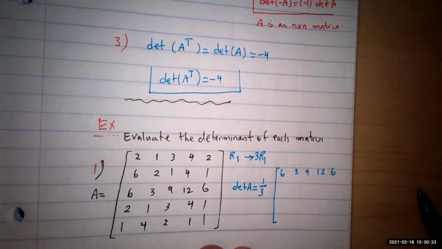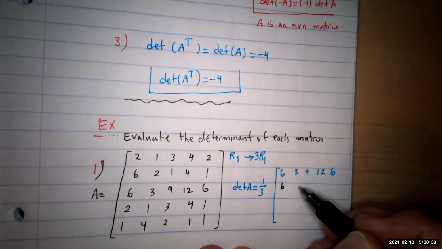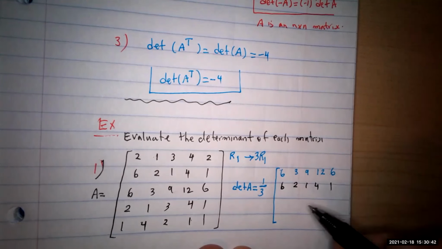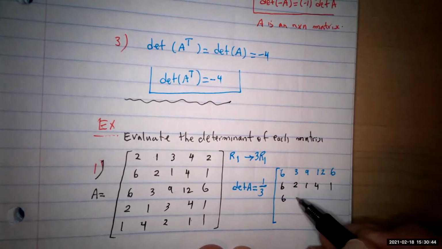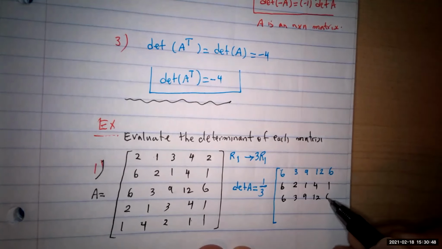If you write the other part, quickly you find out that the determinant would be 0. That's 6, 2, 1, 4, 1. Now this is going to be 6, 3, 9, 12, 6.